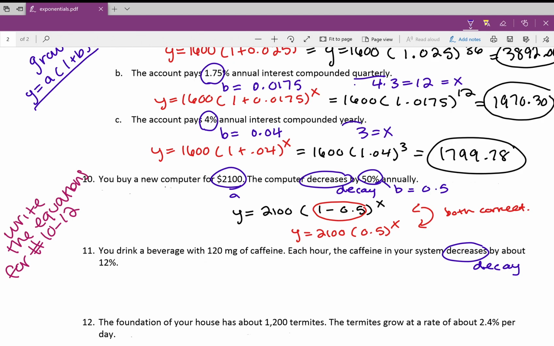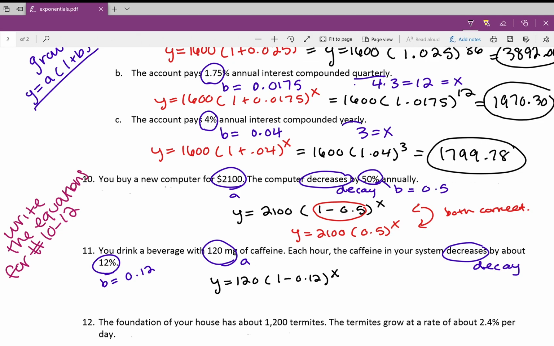So this is what you should have labeled everything. It says you drink a beverage that has 120 milligrams of caffeine. So that's your starting value. That's A. And then this 12% is your B value. But if you convert it to a decimal, it's going to be 0.12. So the equation you should have wrote was y equals A, which is 120, parentheses 1 minus 0.12 to the power of x.